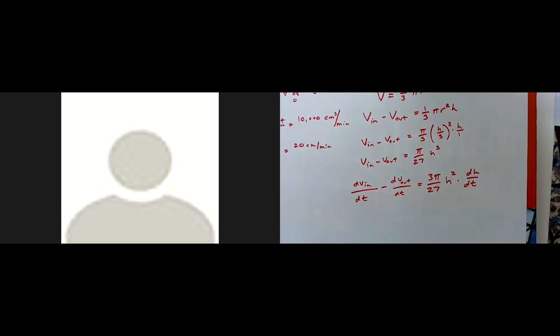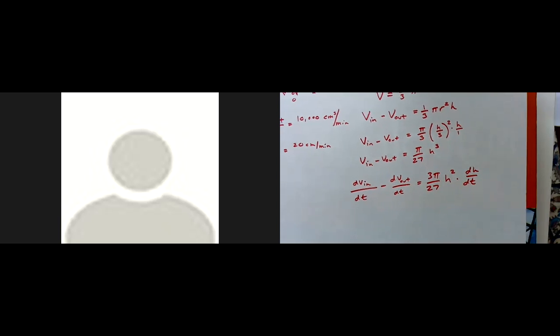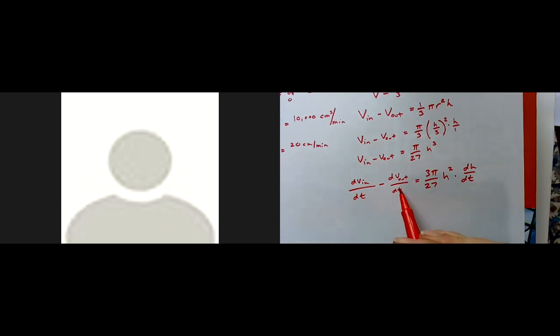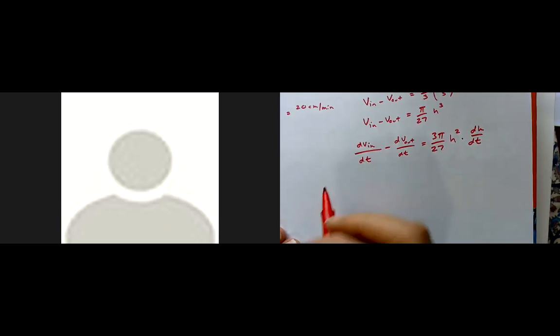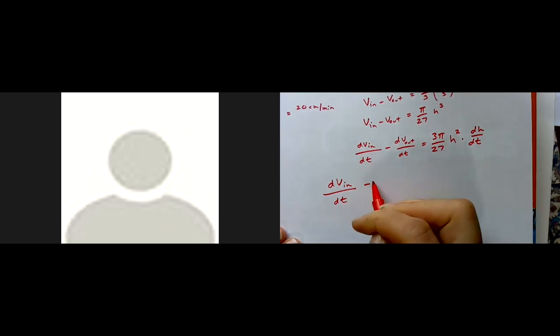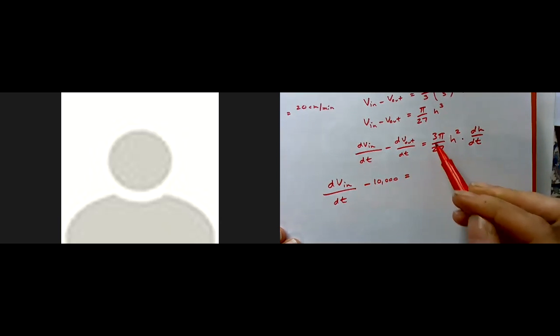Now I just need to go ahead and substitute in the things that I know. So I'm going to have the rate of change of the volume in, this is minus 10,000, equals, I'm going to simplify this because that's going to be pi over 9.